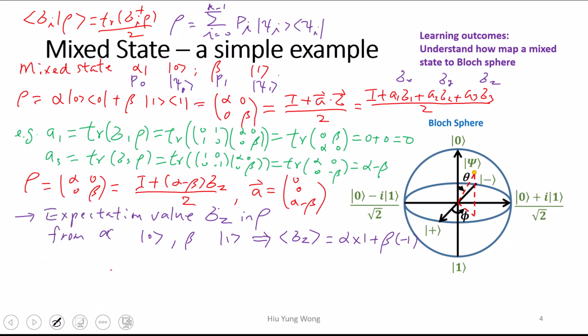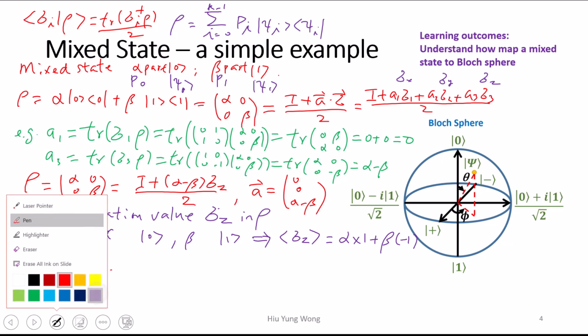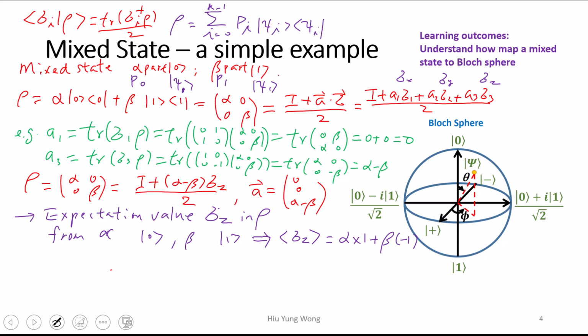Beta part, alpha part, right? Beta part. You have so much of this, right? So here I can say this is like alpha times 100% and beta times 100% of what?